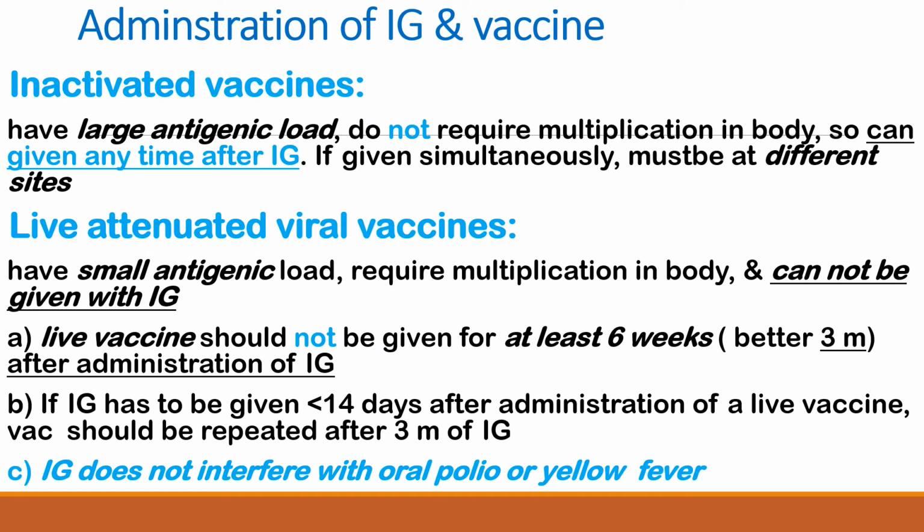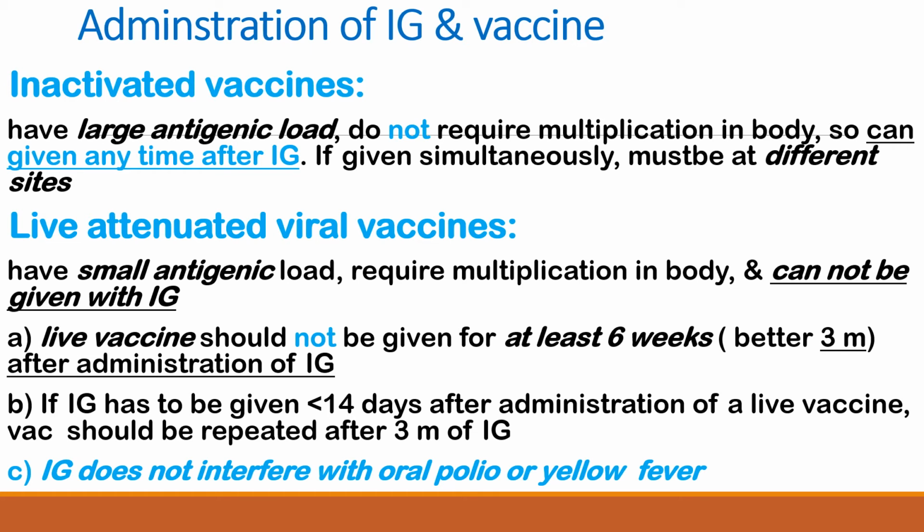Administration of immunoglobulin and vaccine. If we have to give for a certain disease immunoglobulin and vaccine, what to do? Inactivated vaccines have a large antigenic load and do not require multiplication in the body, so they can be given any time after immunoglobulin.